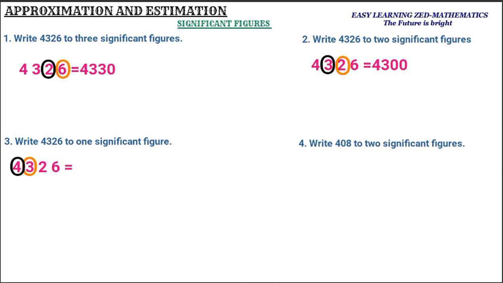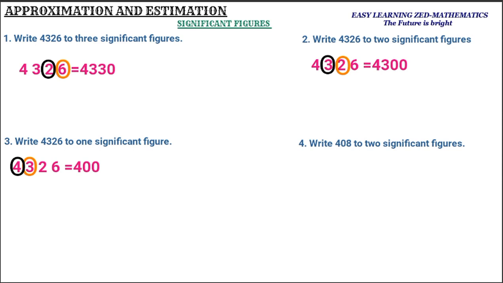So let's ask ourselves, is 3 greater than 5? No. 3 is less than 5. That means we're going to add 0 to 4. So 4 plus 0 will give us 4. Then where there is 3, we'll put 0. Where there is 2, we'll also put 0.